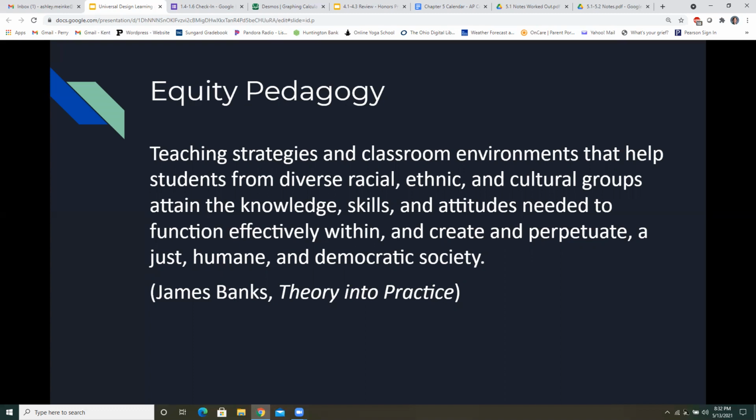And this is taken from James Banks' theory into practice. In a nutshell, what it says is that the teaching strategies we use, the teaching presence, and the classroom environment that we create can play a huge role in effectively creating knowledge units within the class that can then grow into something bigger.